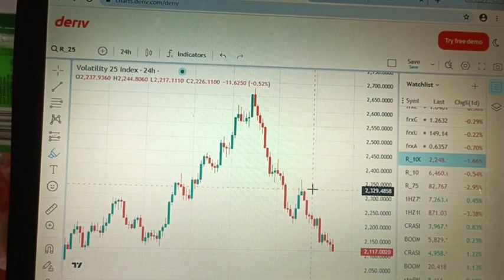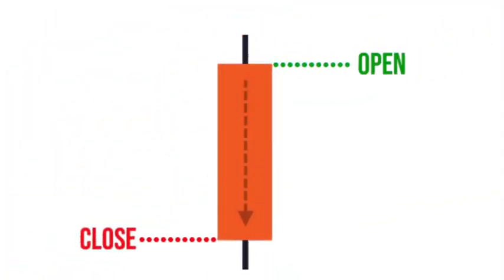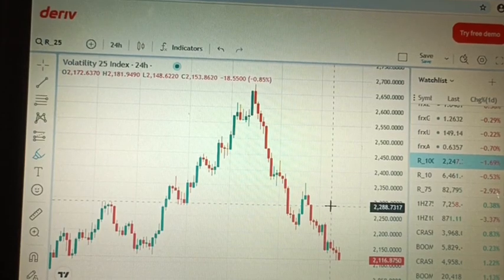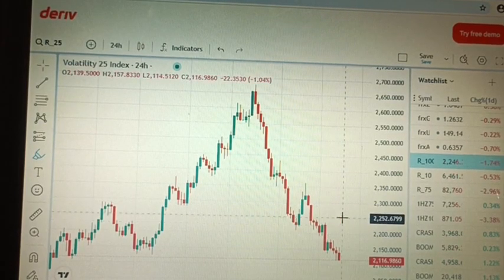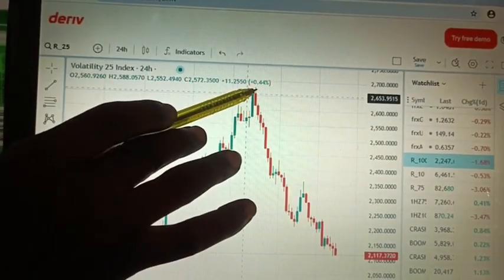But a red candle will open from here and close below it. So the opening price of a red candle will be above, while the closing price will be below. See, we started here, closed here. I'm just talking about this candle here.